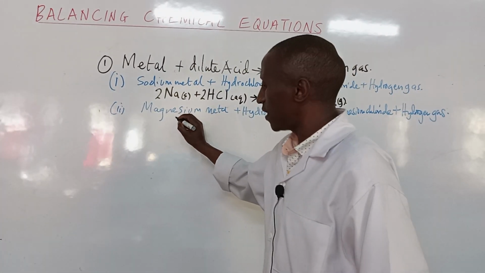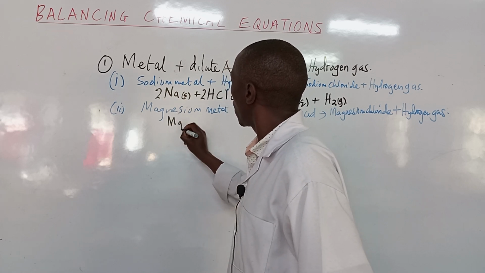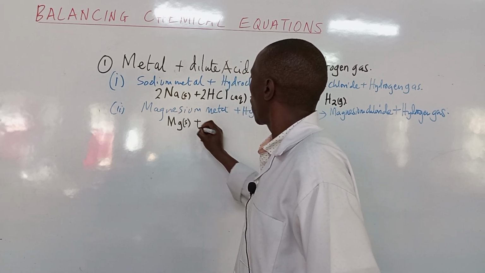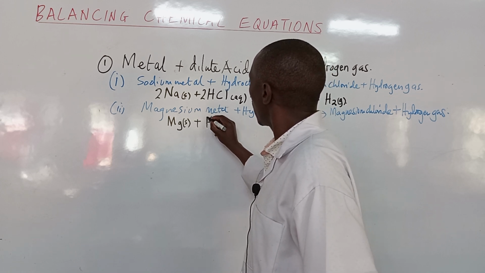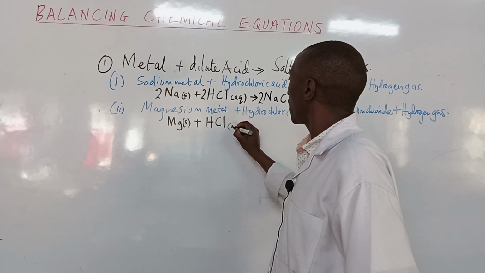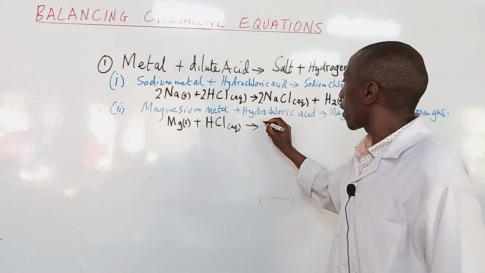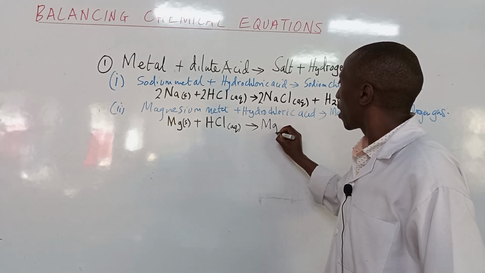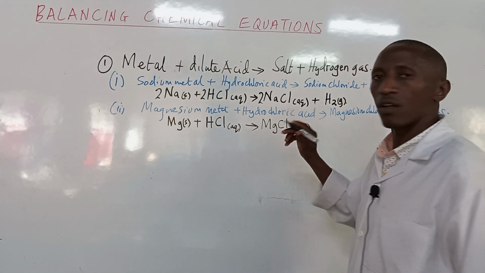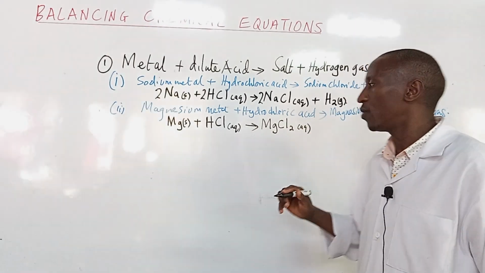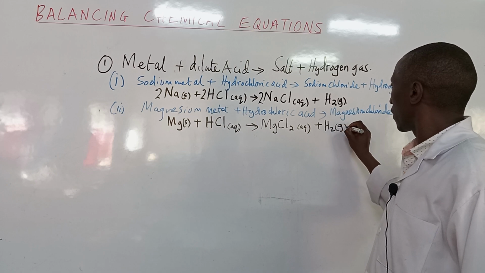We have magnesium being shown as capital M and small letter g, and HCl, the hydrogen being capital. This is aqueous. So the product will be magnesium chloride, aqueous. The chloride of magnesium is soluble, and hydrogen gas.